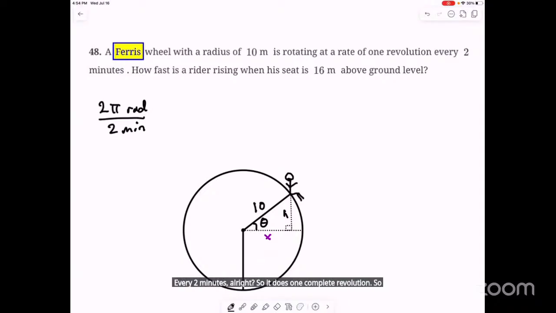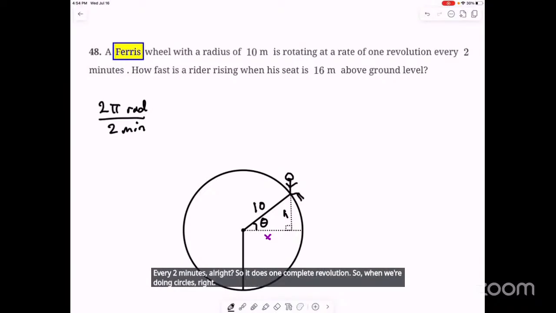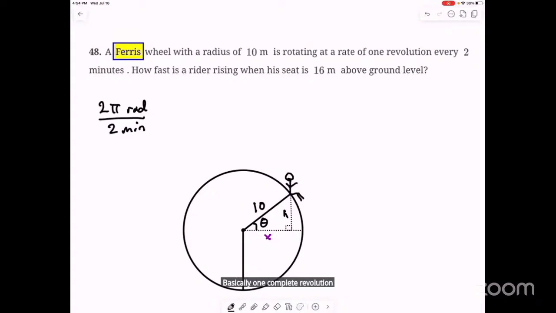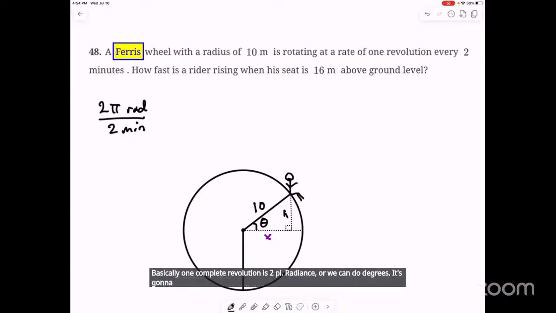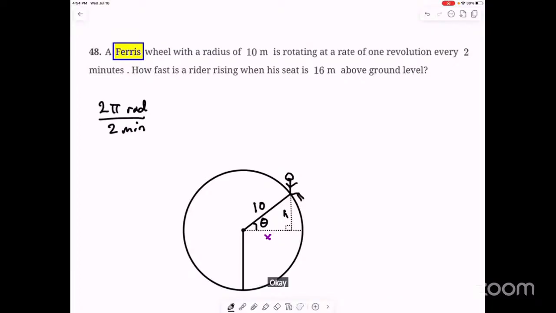When we're doing circles, we can talk about them in two different formats: radians, where one complete revolution is 2 pi radians, or degrees, where it's 360 degrees. For something like this, we're going to talk about it in terms of radians. That's from pre-calculus. So it does one complete revolution, 2 pi radians every 2 minutes.